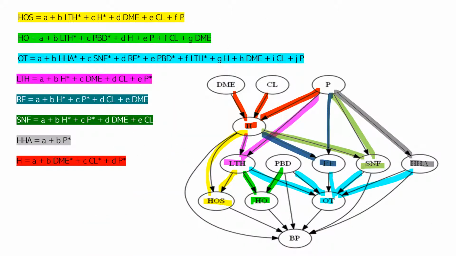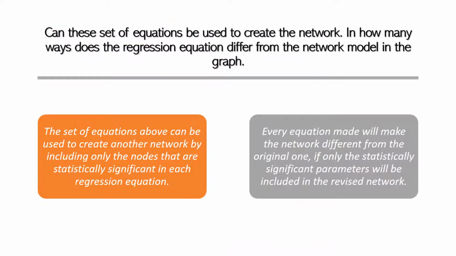These are the rest of the set of equations represented in this graph. And like I said earlier, the stars mean that they are statistically significant, or there's an arrow directly if the preceding variable is directly correlated to the outcome variable. Therefore, can this set of equations be used to create the network?